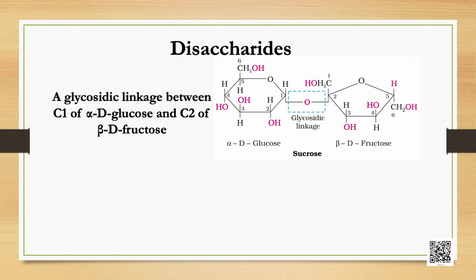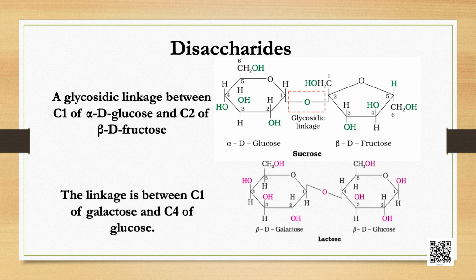In disaccharides, if the reducing groups of monosaccharides, that is aldehydic or ketonic groups, are bonded, these are non-reducing sugars, for example sucrose. On the other hand, sugars in which these functional groups are free are called reducing sugars, for example maltose.